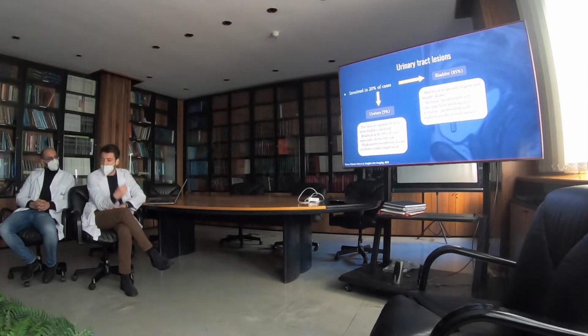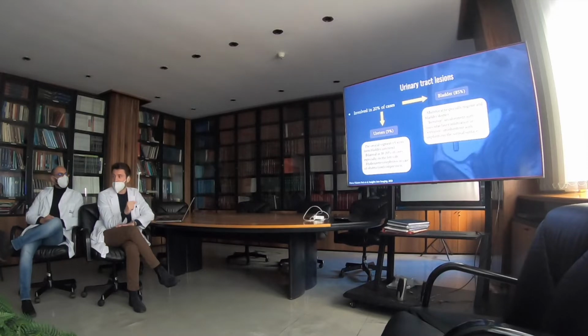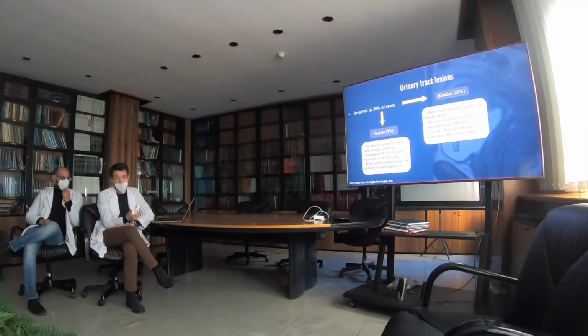This is the reason why we can have more frequently a site of implants on the right diaphragm compared to the left, and then the fluid goes down on the left and stagnates in the left pelvis because of the presence of the sigmoid tract, and here it stays more in contact with the left ureter, and if it causes an obstruction or a compression, we can also have hydroureter.